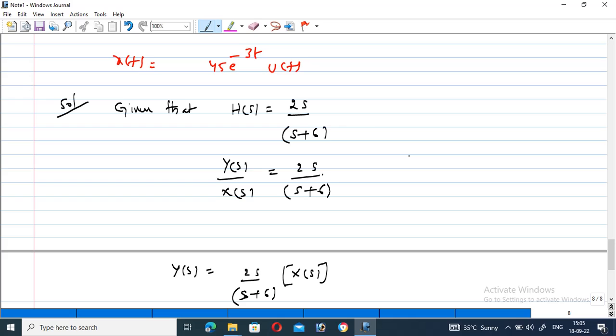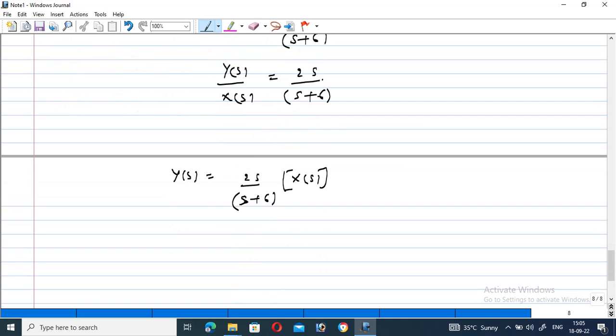What is the value of X(s) here? So from the given data, I will represent here x(t) is equal to 45 into e power minus 3t into u(t). Now apply Laplace transform.